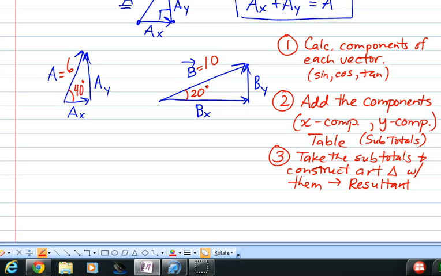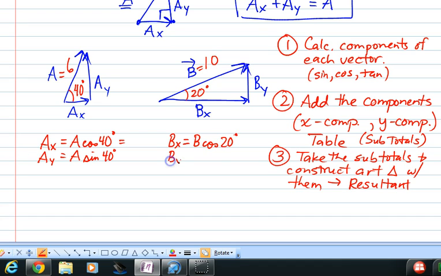If you have issues with what I'm about to do, you need to go back and look at SOHCAHTOA. So AX is going to be A cosine 40, AY is going to be A sine of 40, and A is 6, by the way. BX is equal to B cosine of 20, and BY is equal to B sine of 20.